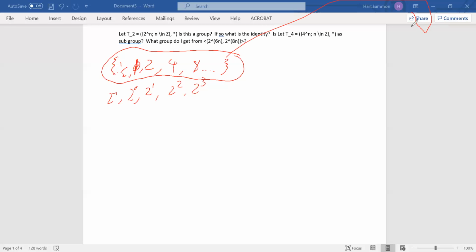So this is closed under multiplication, and let's check that. We have 2 to the n times 2 to the m is equal to 2 to the n plus m, which is also an element of T sub 2. So that works.